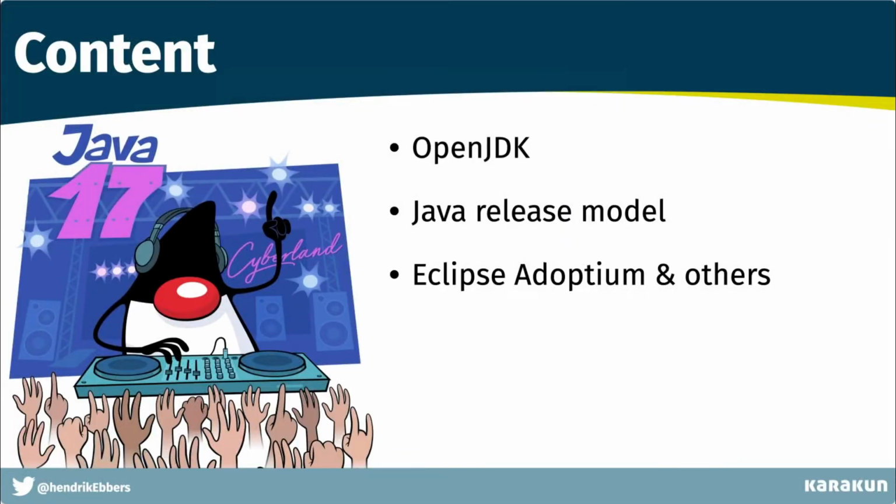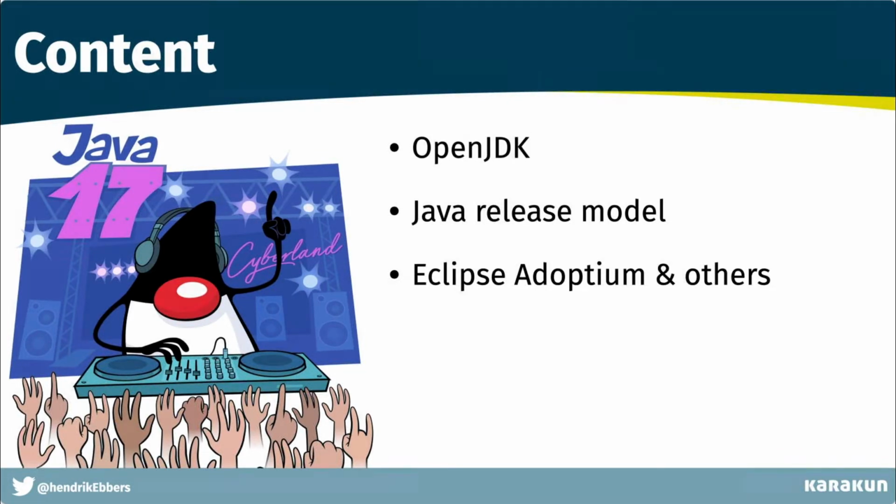Let's have a look at what we are talking about today. As I already mentioned, we will talk about the OpenJDK, have a look what the OpenJDK is in general, talk about Java releases, maybe about the last Java release 17, about the Java release model and release train in general, and how Java releases are structured within the OpenJDK.